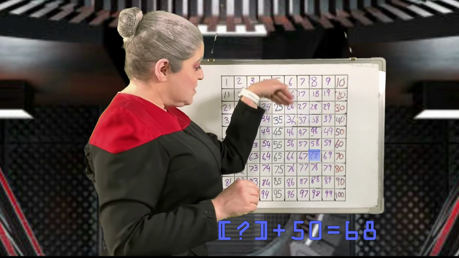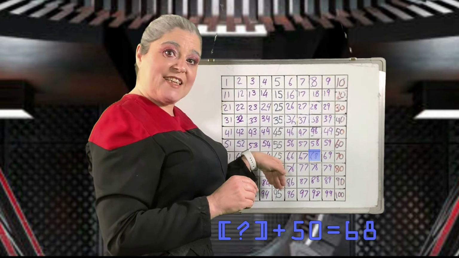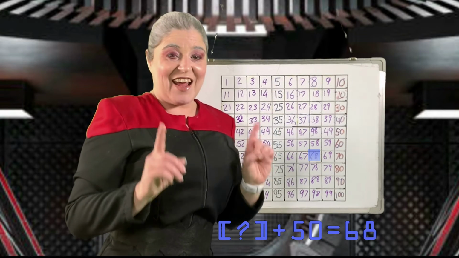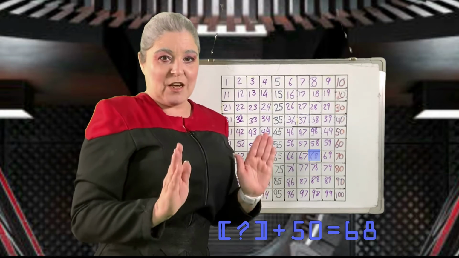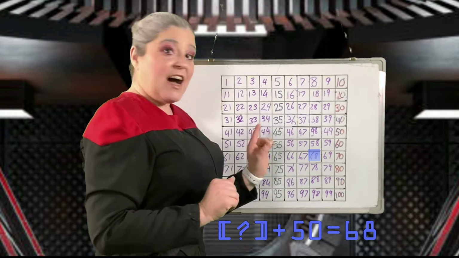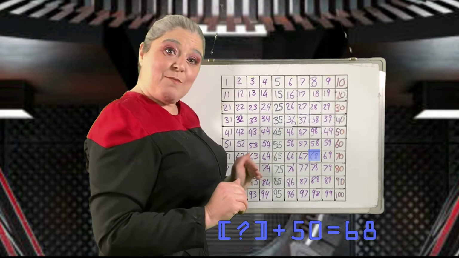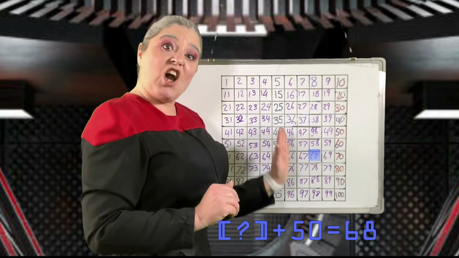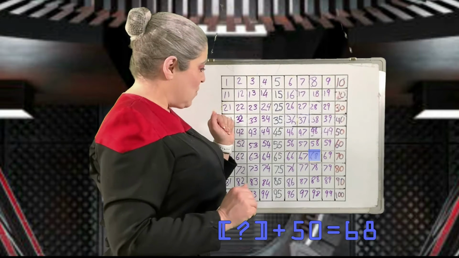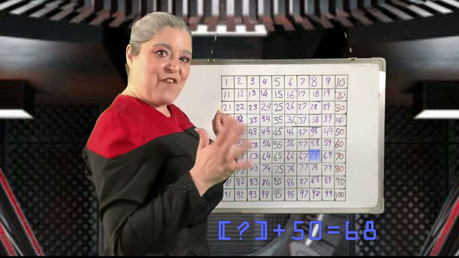If we had to go down to 68 to find the answer to a regular plus, because we're adding a multiple of 10, to find the missing number now, we need to go up the number square 5 spaces.